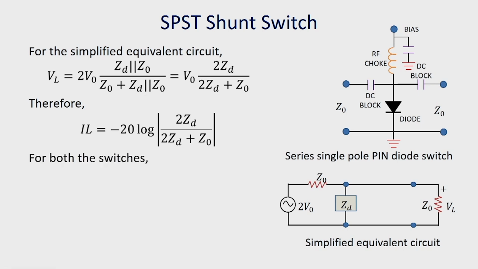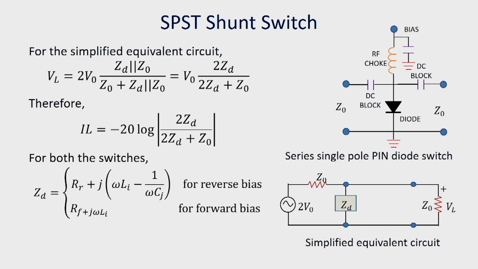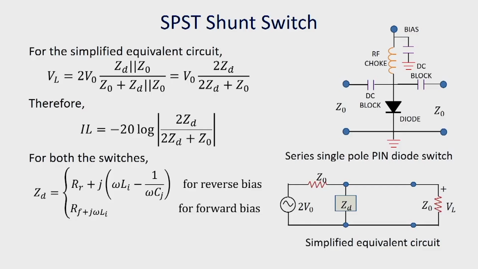So, for both the switches, we find that when the diode is reverse biased, ZD is given by RR plus j omega Li minus 1 by omega Cj. This comes from the simplified equivalent circuit of the diode we discussed, and similarly under forward bias condition ZD becomes Rf plus j omega Li.